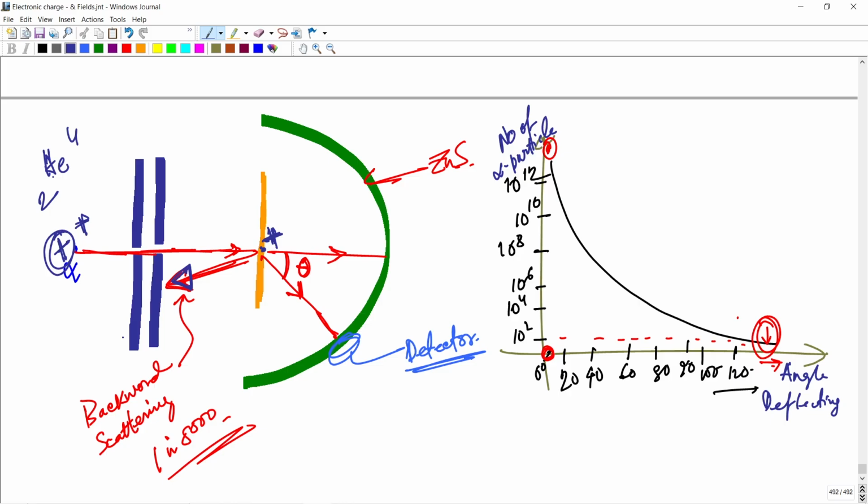That is why they go backward. The concept is that the atom contains a positive charge, which is why they deflect. So Rutherford's concept concentrates on the nucleus as a positive charge carrying maximum mass, and the electrons moving in orbit like planetary motion.